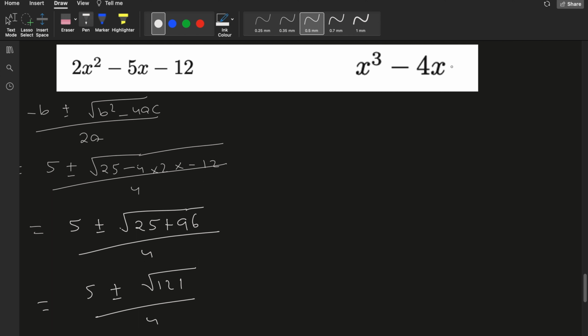Now let's equate this to 0 and solve it. We're trying to find the roots. So we can take x as common: x times x squared minus 4.